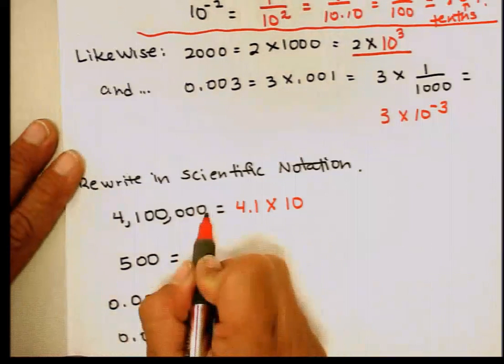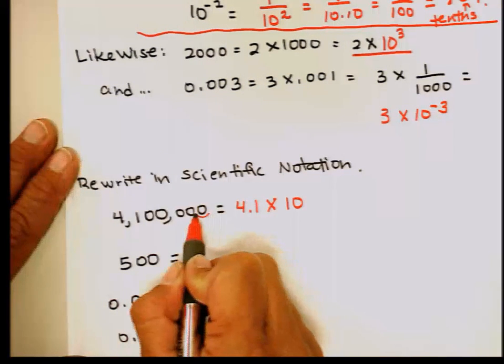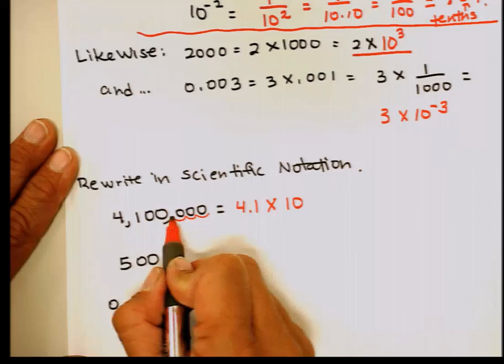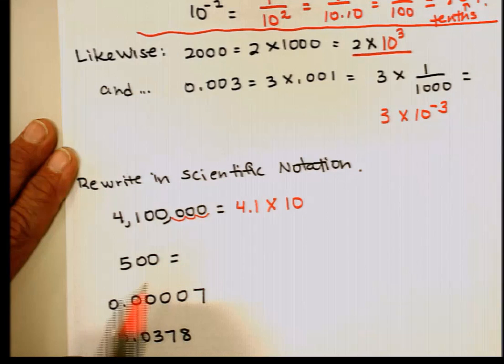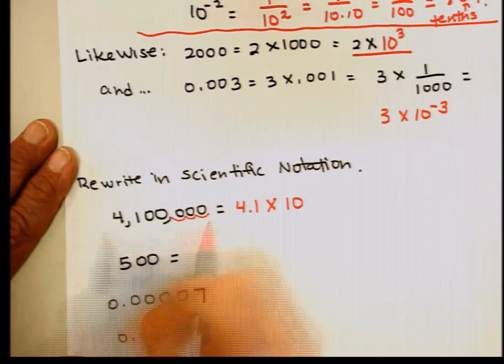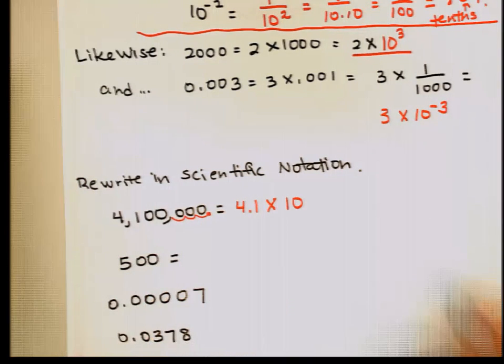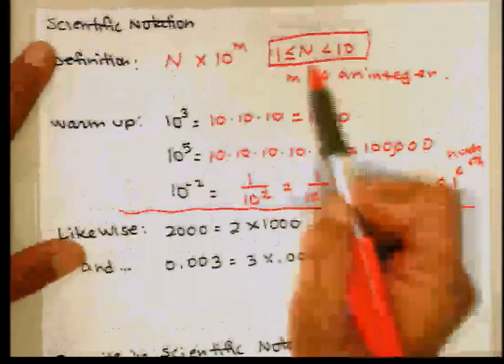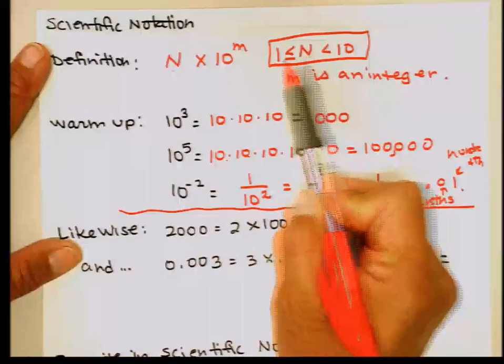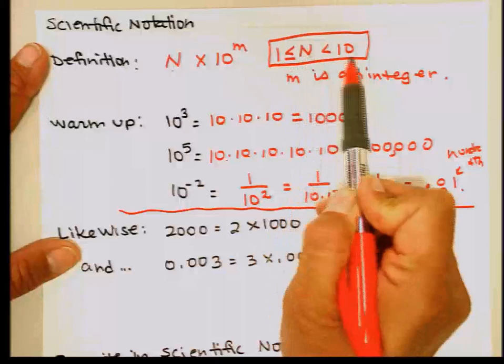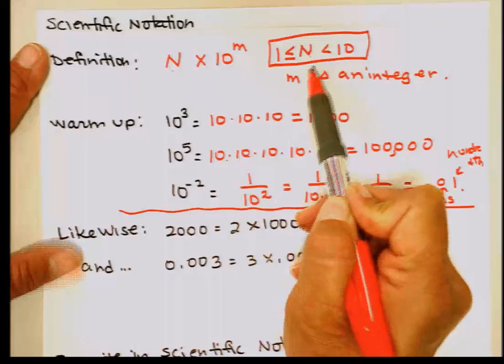What I would do is go 1, 2, 3. So I put my pencil where the decimal currently is in this decimal number right here, and I swoop until I get to a number that's greater than or equal to 1, but less than 10. And I'm counting how many times I swoop.